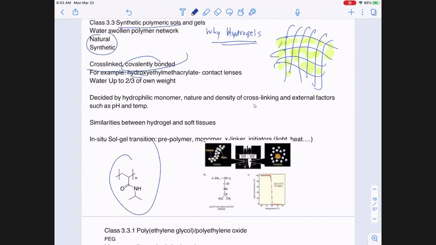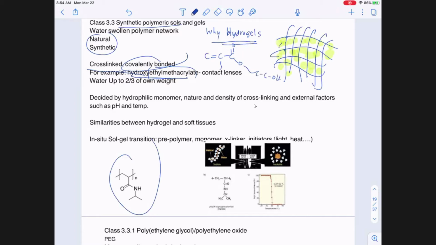Here, for example, is hydroxyethyl methacrylate. Generally it's this one, methyl acrylate. We always use this polymer. If you put a carbon here, this one could be this.